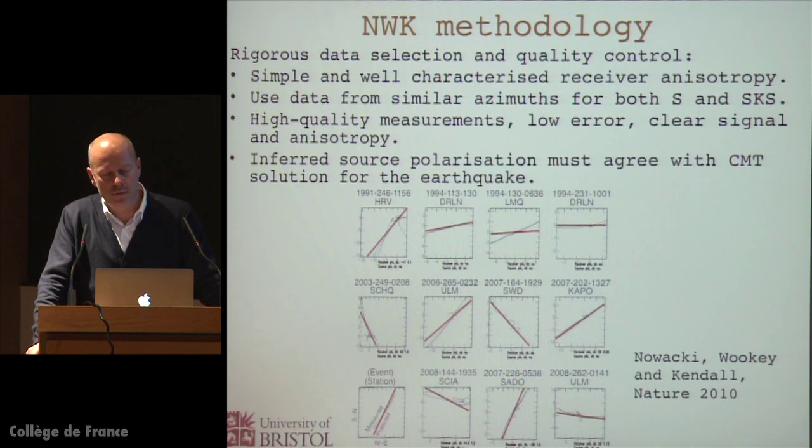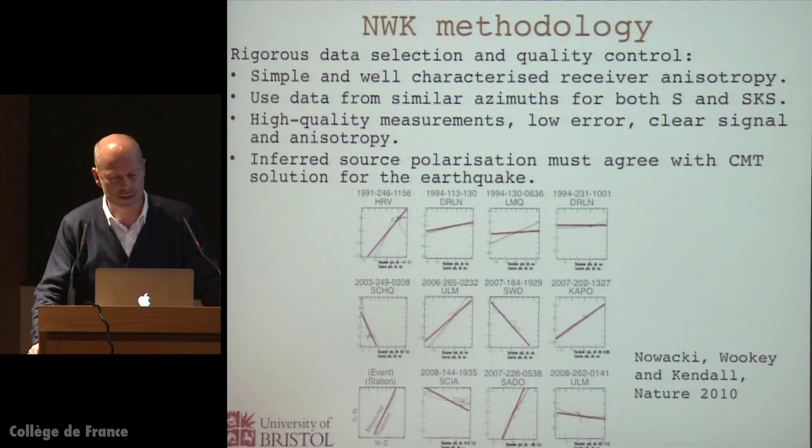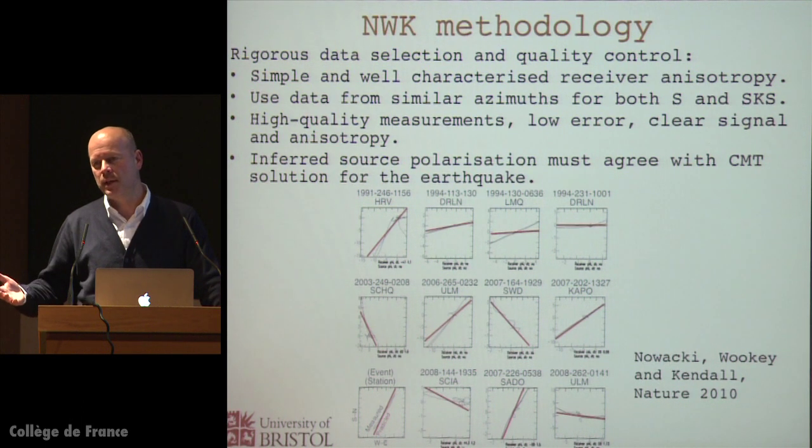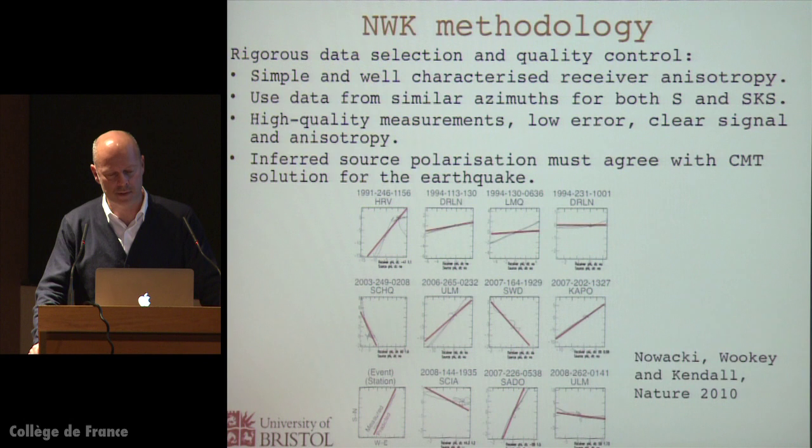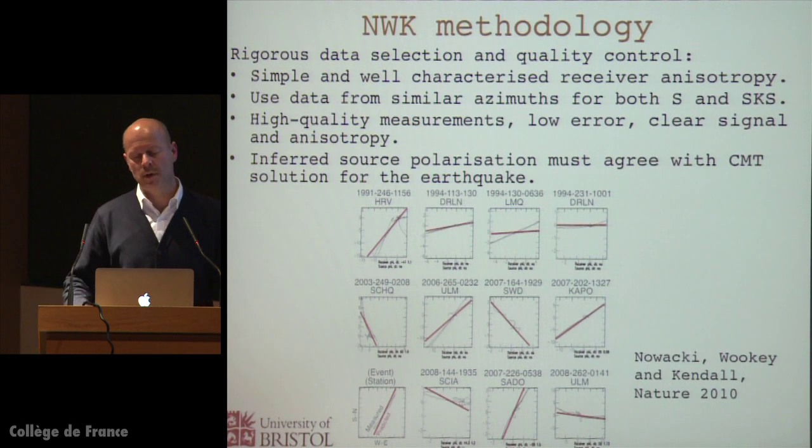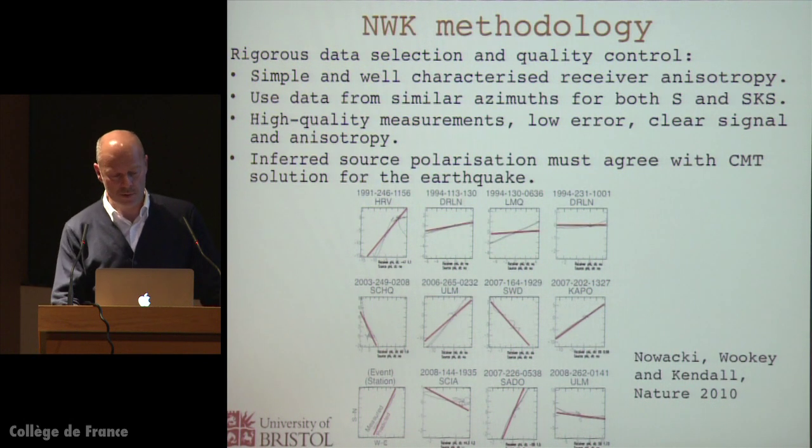We only keep the best quality measurements, ones with low error and a very clear signal, and that requires a clear signal on multiple phases. And then finally, one of the things you get out of the splitting analysis is what the initial shear wave polarization was, and that should agree with what we think we know about the source mechanism. So the initial source polarization must agree with the CMT solution for that earthquake.